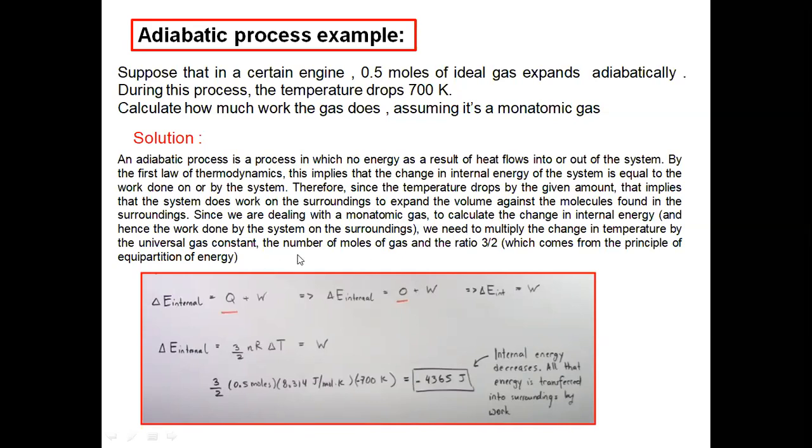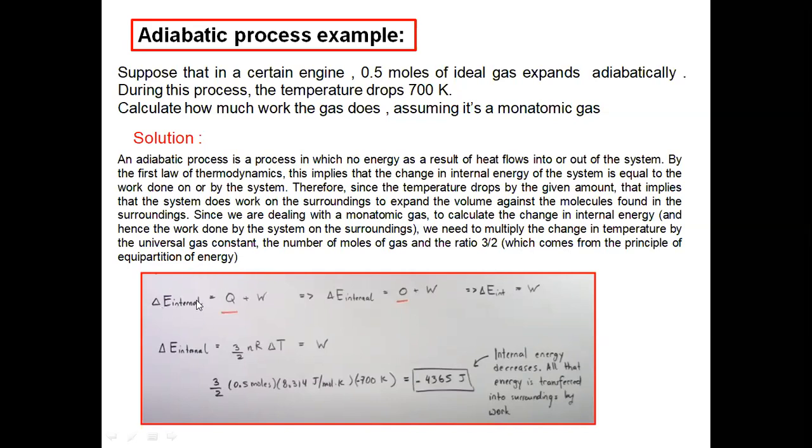Since we are dealing with monoatomic gas, to calculate the change in internal energy and hence the work done by the system, we need to multiply the change in temperature by the universal gas constant, the number of moles of gas, and the ratio 3 over 2. And this comes from the principle of equipartition of energy.